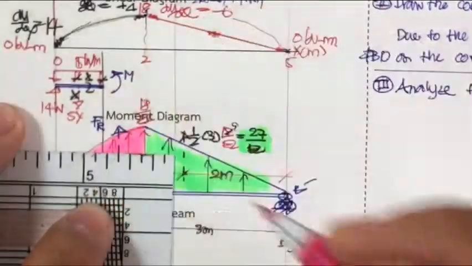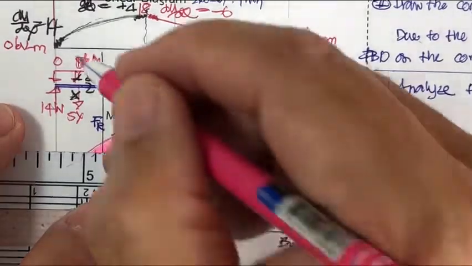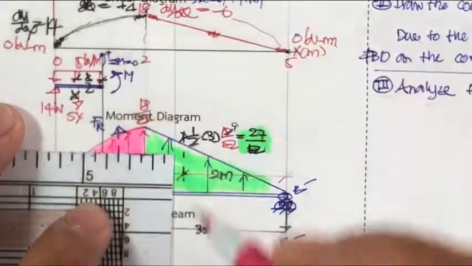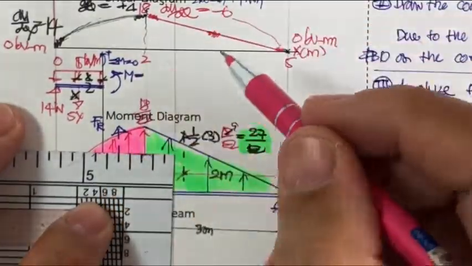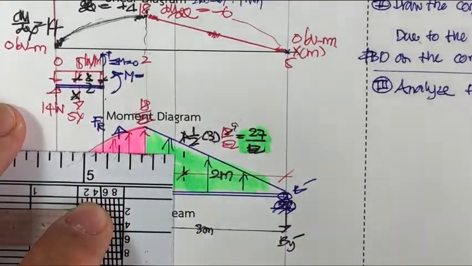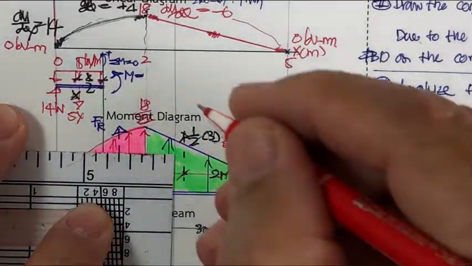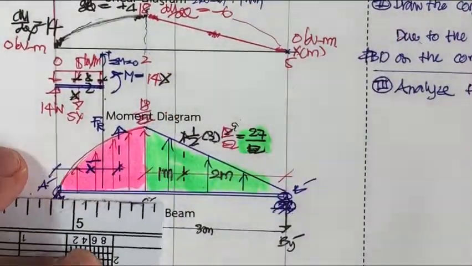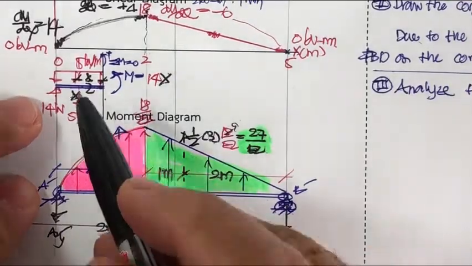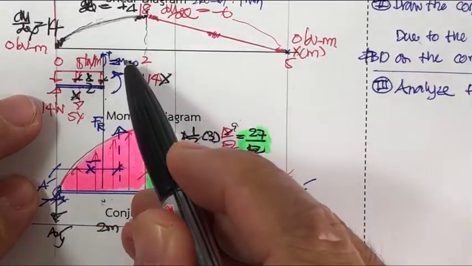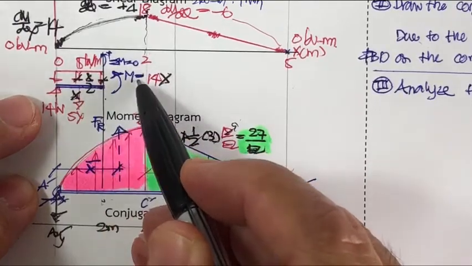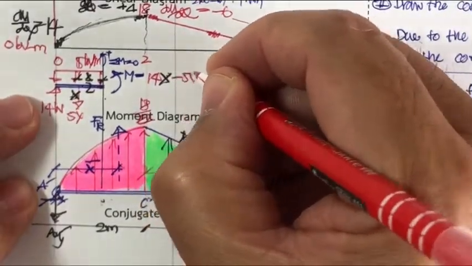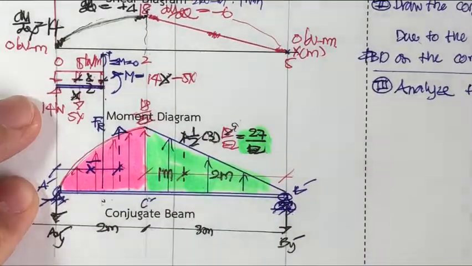And then what we have is the moment here, that is M. So if you take the summation of the moment here equal to 0 and put this one as positive, M is equal to 14 times x, so 14x. And what we have next, this one is going to rotate in the way of M, since it's moved to the opposite side, it's going to be minus 5x times x over 2.